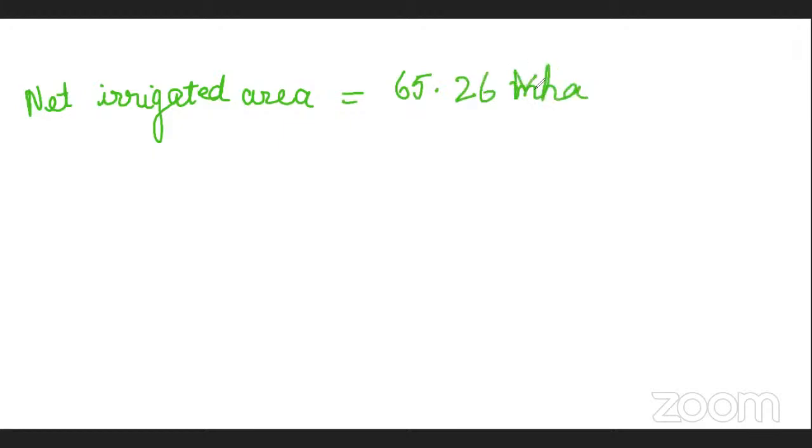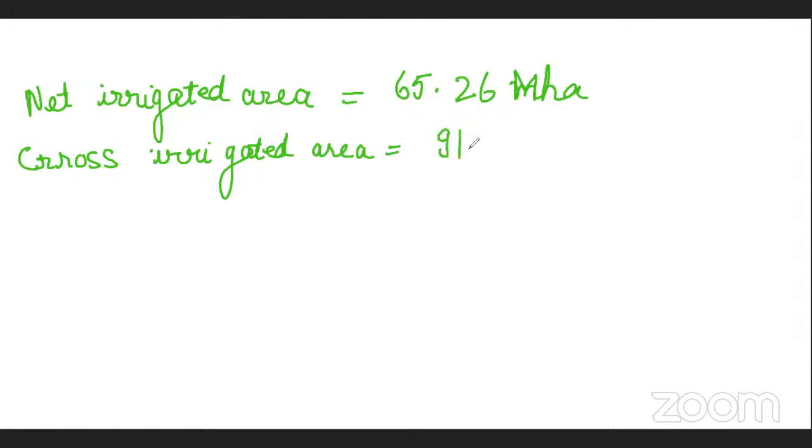If we talk about the gross irrigated area, then it is equal to 91.53 million hectare.